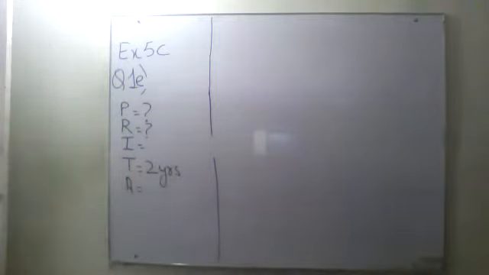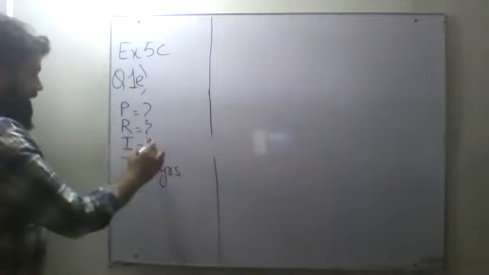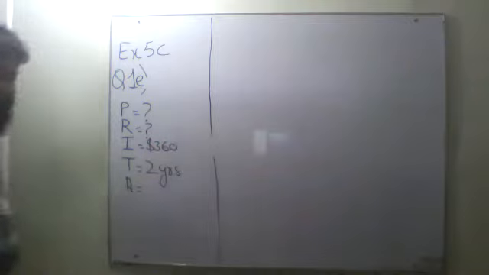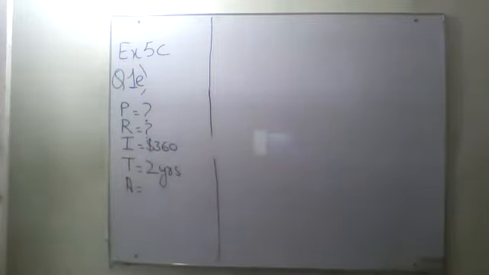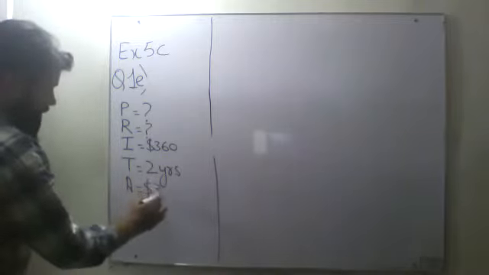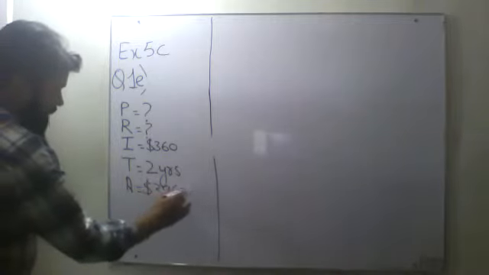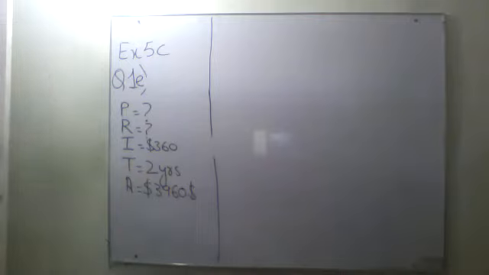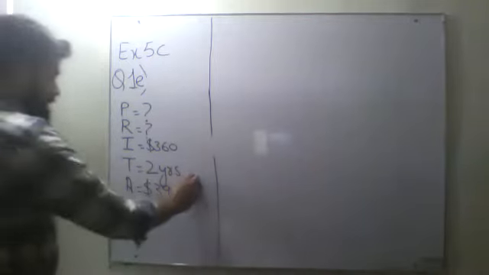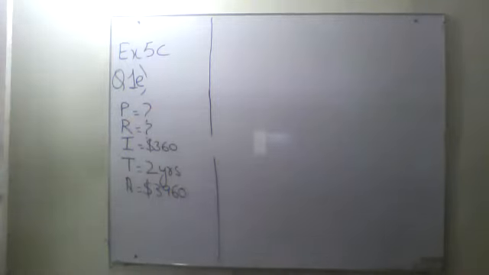And then they have given us the simple interest amount, that is $360, and they have given me the total amount, that is $3960. Right? These are the things which are given to me. And what is missing? Principal is not there and rate is not there, and they are telling me to find them.